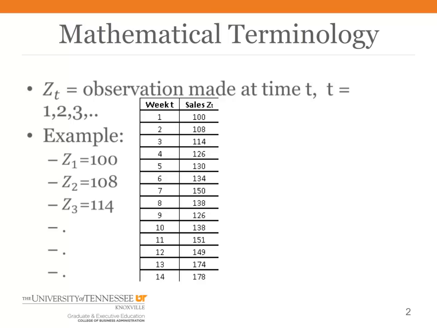We're going to call the values, the sales that we observed, Z, and we're going to put a subscript on there, T, denoting the week in which that observation was made. So in this example, Z sub 1 would be 100, the sales for week 1. Z sub 2 would be 108, Z3 would be 114, and so forth.